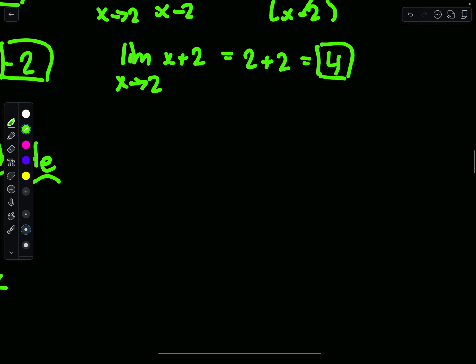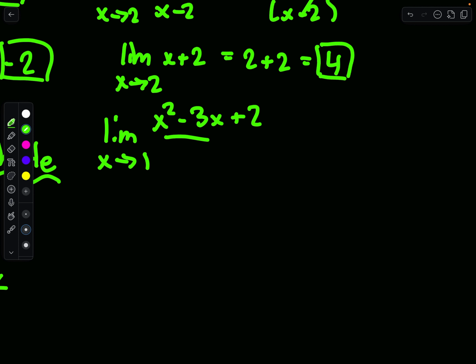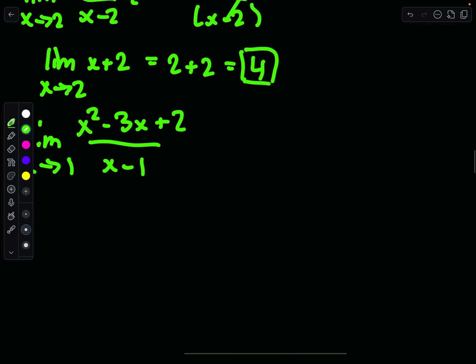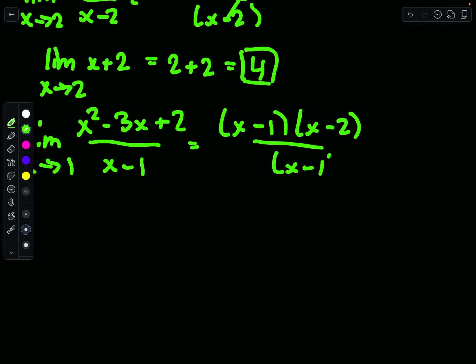Another example, the limit as x goes to 1 of x squared minus 3x plus 2 over x minus 1. Here you can factor the numerator. You get x minus 1 times x minus 2 over x minus 1.